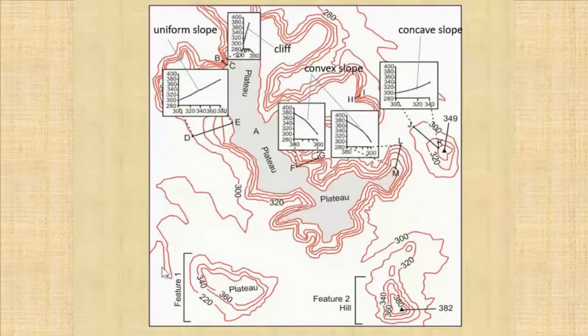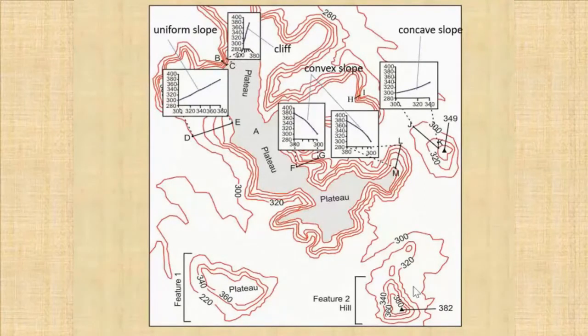The area marked by A and feature 1 both show a plateau region because contour lines are closely spaced at the margins, and the innermost contour line shows a wide gap between its two sides. Feature 2 is a small hill because it has closed contours at the top with a spot height, that is 382 meters.